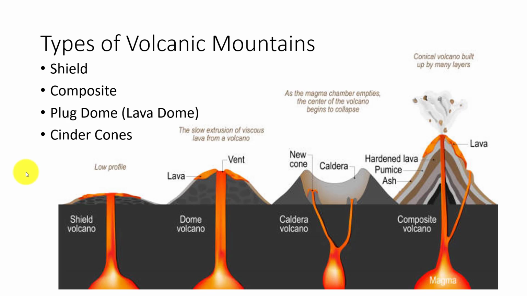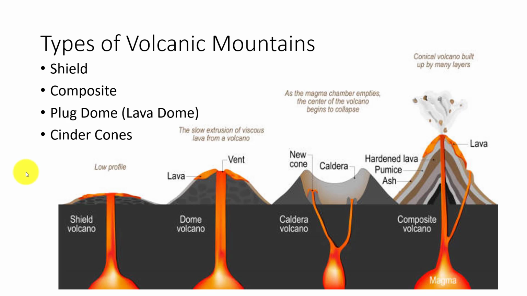If you look at these differences, you can see shield volcanoes have a low profile, and then a dome volcano or a plug dome has a larger profile, and there is a slow extrusion of viscous lava from it.